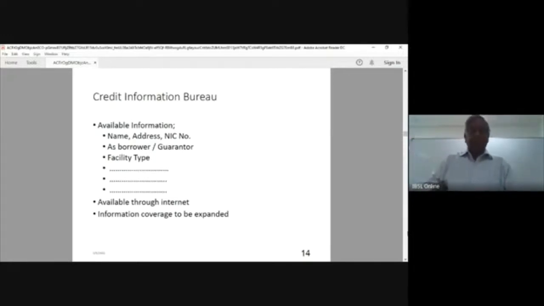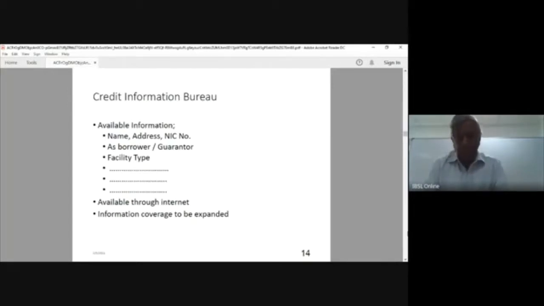How to interpret it: from which branch, what is the date of granting, whether it is outstanding, all that information. Very comprehensive. And now, of course, they are going to collect information about telephone bill payments, water bill payments, electricity bill payments. Those details will also come into this CRIB report in the near future.